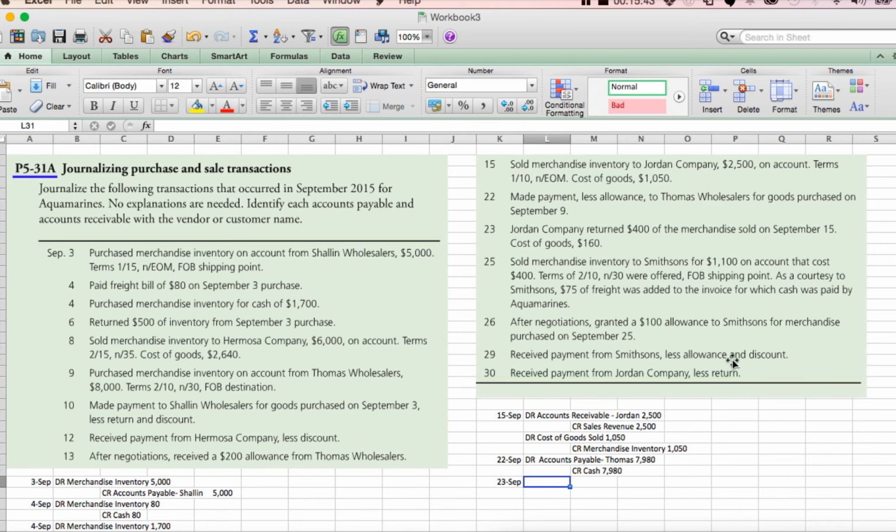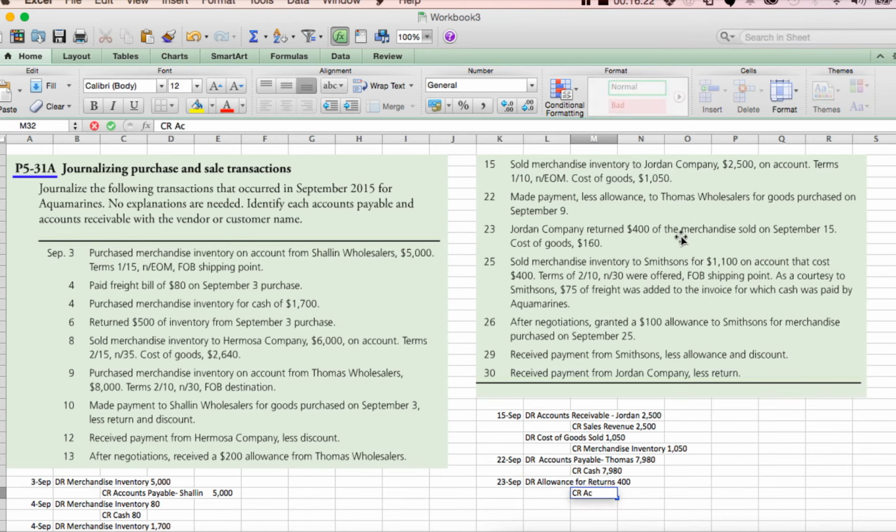Jordan Company returned $400 of the merchandise sold on September 15th. Cost of goods sold for that merchandise was $160. Okay. So again, this was the transaction up here that this return occurred from. So we will have a debit to allowance for returns, and that's going to be for $400.